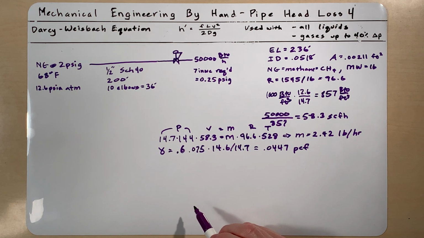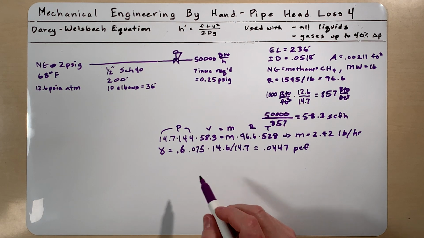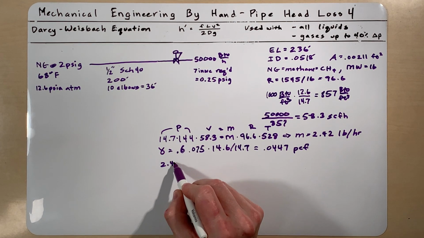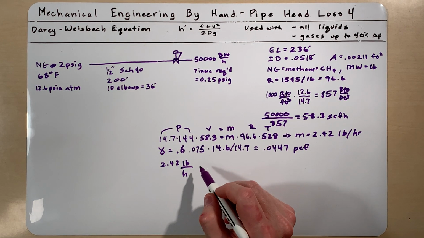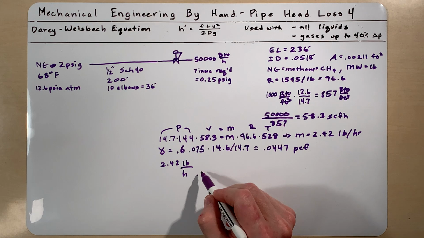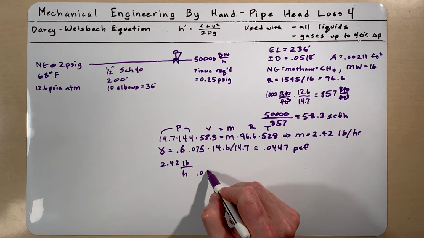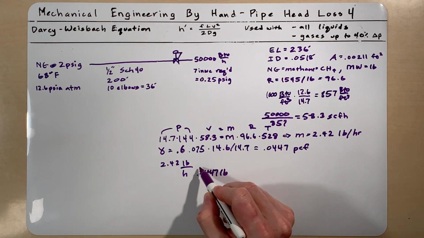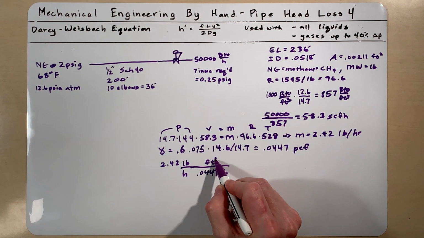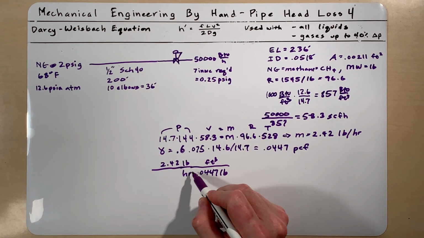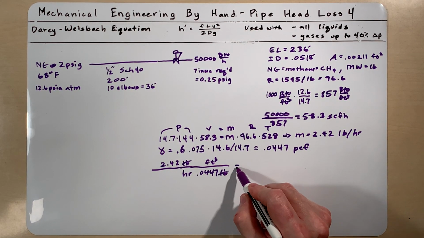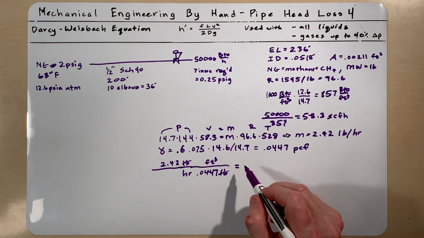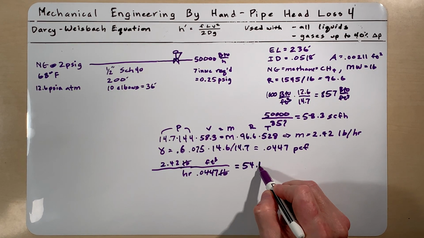Okay, so now we'll see how many actual cubic feet per hour we need. So we take the 2.42 pounds per hour and divide that by our density, 0.0447 pounds per cubic foot. And that's hours. So these cancel out and we get 54.1.